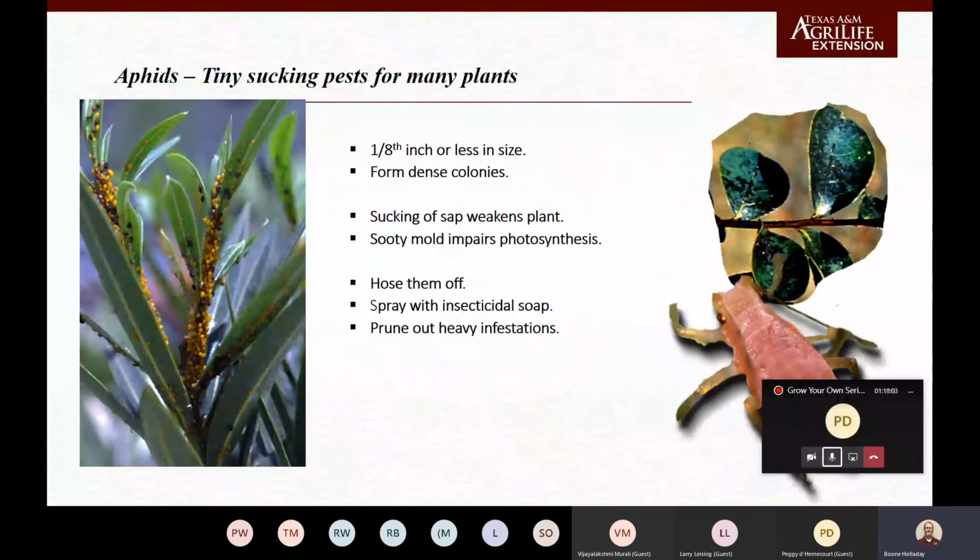And they not only suck on the plant, but they tend to leave a whole lot of honeydew, their secretions, on the lower leaves. And then we end up getting this black sooty mold that grows on those, and then that harms the plant even further. So we want to keep an eye out for extreme aphid populations and address those appropriately.